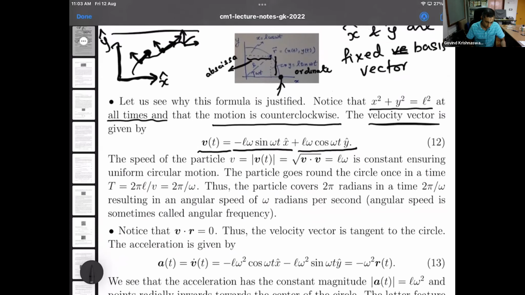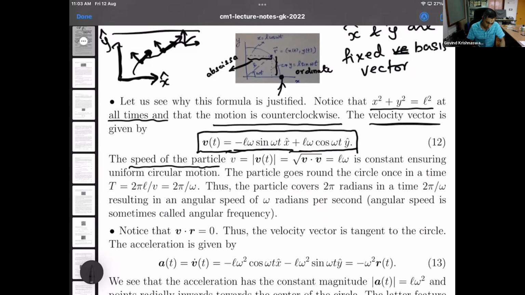Let us now go ahead and calculate the magnitude of the velocity. We've already got the velocity vector itself. So now the speed of the particle, which we defined as the magnitude of this vector, which is the square root of the dot product of v with itself, can now be computed. If I take v dot v, I will have 4 terms. x hat dot y hat is 0, and y hat dot x hat is also 0.